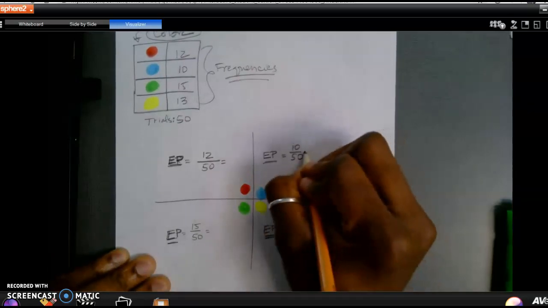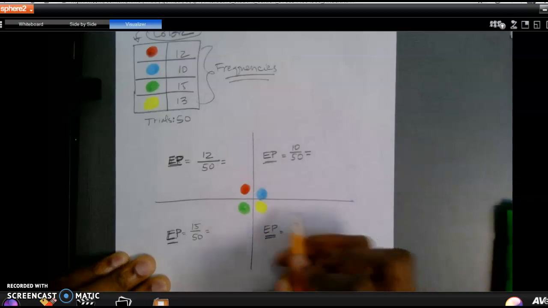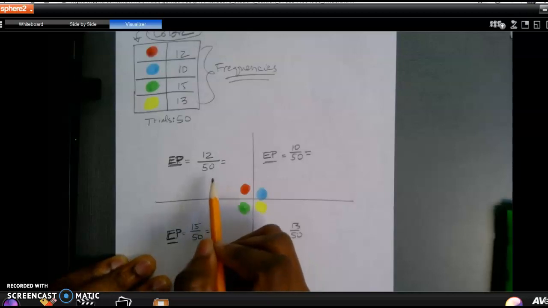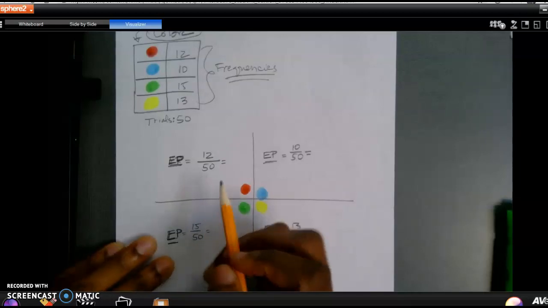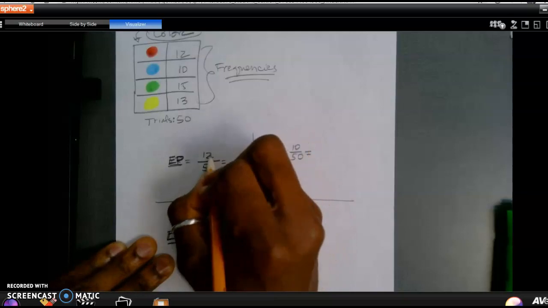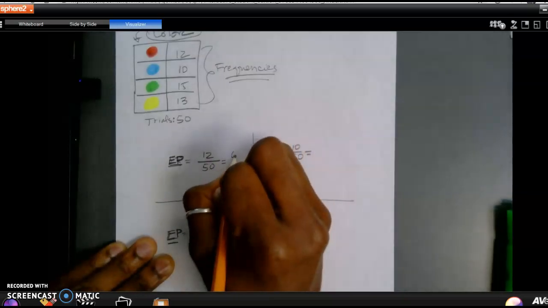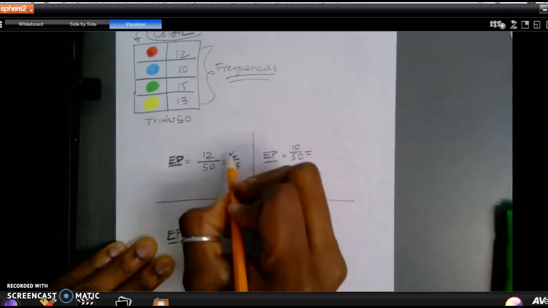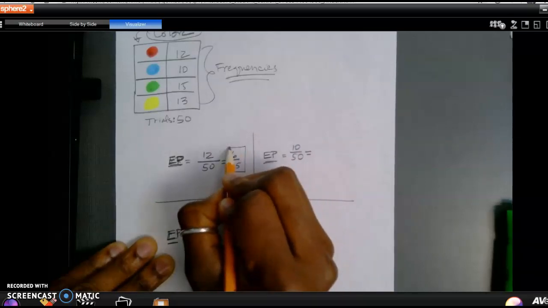Okay, so what I'm going to try to do is I'm going to try to simplify all of these out as well. Okay, so what common factors do we have between 12 and 50? The largest one that I can see is probably going to be 2. So I'm going to divide each one of these by 2, giving me my simplest form. Is there any other common factor between this? So this is going to be 6 out of 25, okay?